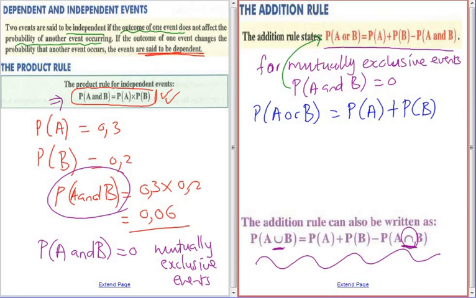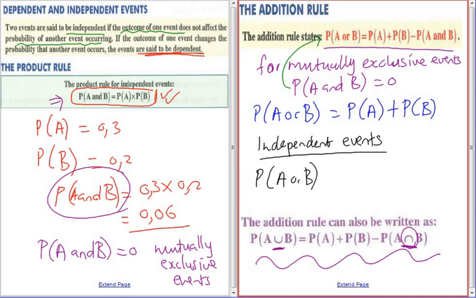Well, then what do you do if you have independent events? For independent events, all you have to remember is that the probability of A and B, which is this last part over there, should be probability of A times probability of B. So let me just rewrite that one as well. If they are independent events, this is what you will be expected to remember.